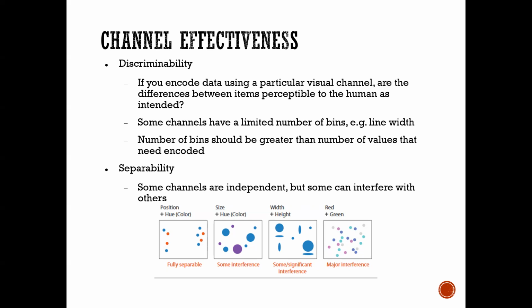So here, some channels are independent but can interfere with one another. The first one is fully separable: position and hue. We can separate the position of those dots from their color. The second one has some interference. We can distinguish between the large and small half, but within the small half, it's hard to distinguish between the two colors.